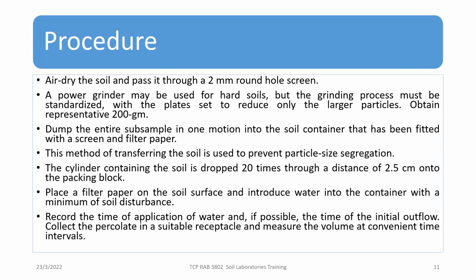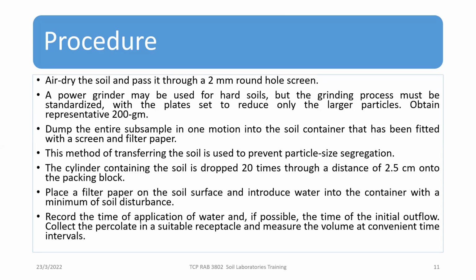The grinder also may be used for hard soil. Then dump the entire sample in one motion into the soil container that has been fitted with a screen and filter paper. Filter paper at the top, screen on the bottom of the container.